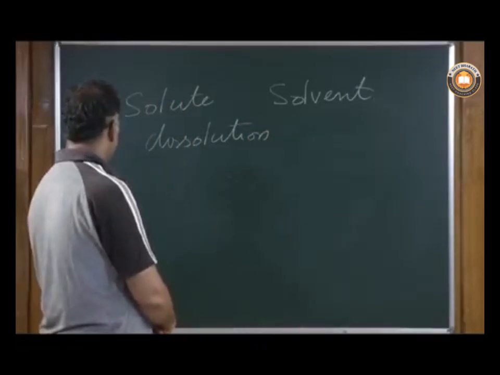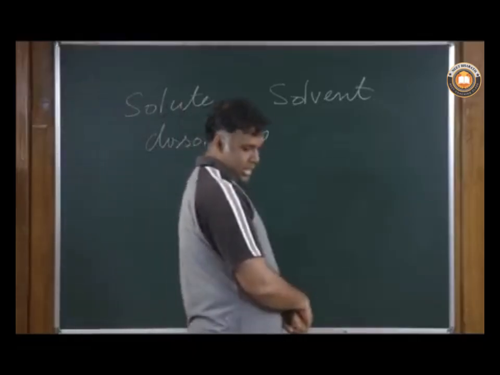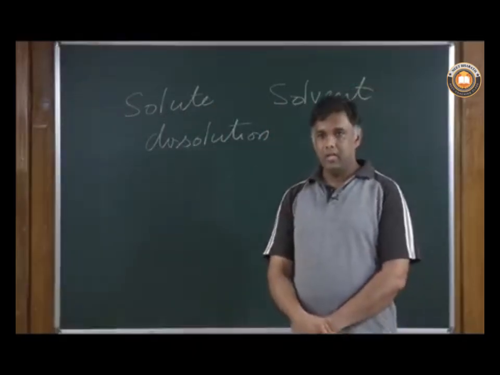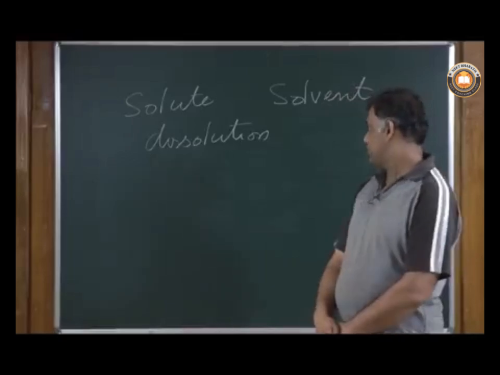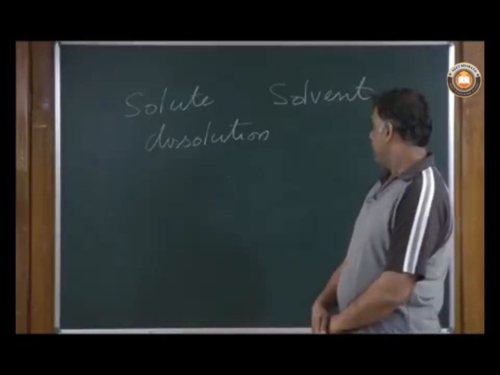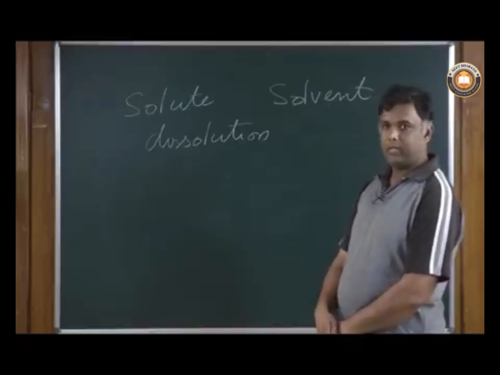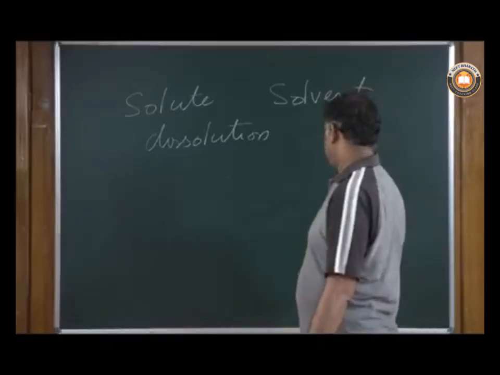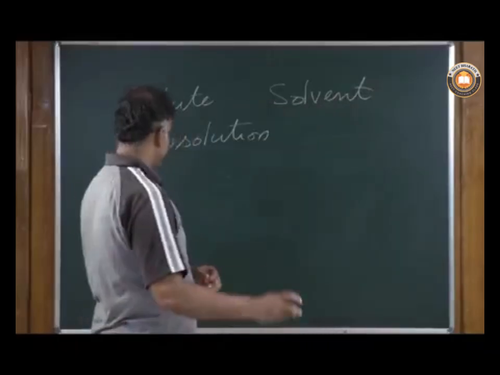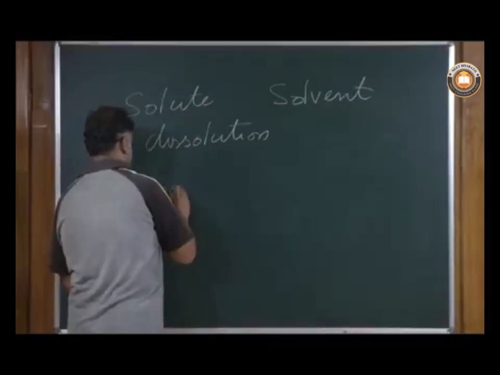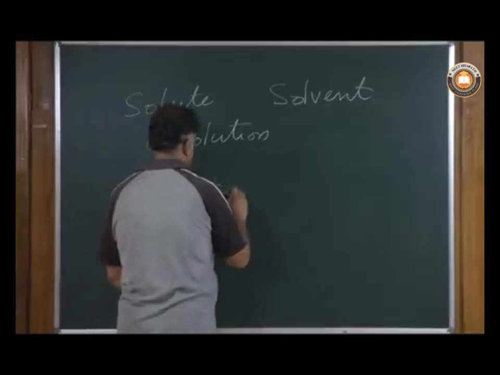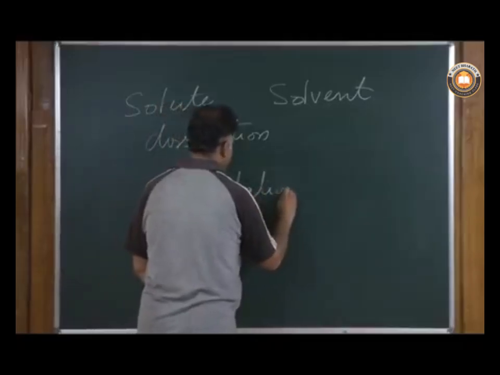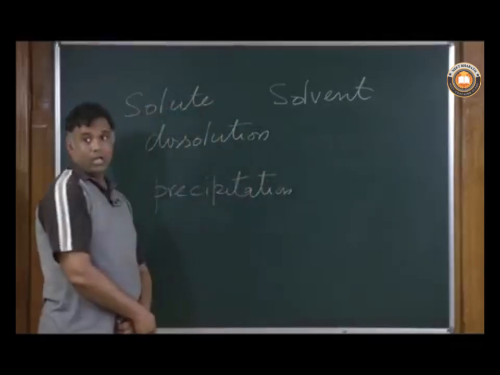The solute molecules are going to hit the other solid solute, and in this process there might be some crystallization and they come out of the solution, and that is called precipitation. And these two processes are happening all the time.